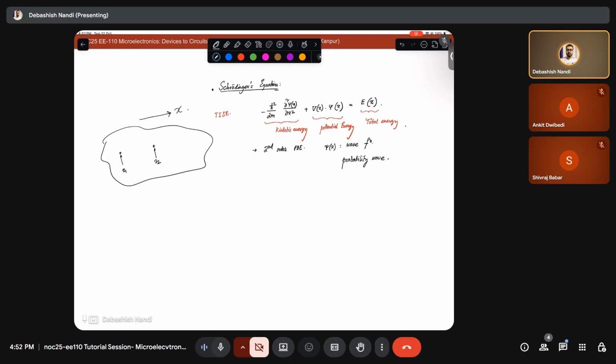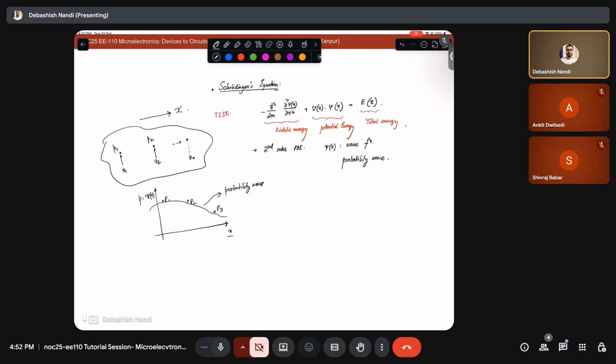If I plot p1, p2, p3, and so on with respect to x, it will show some curve. This is known as the probability wave.